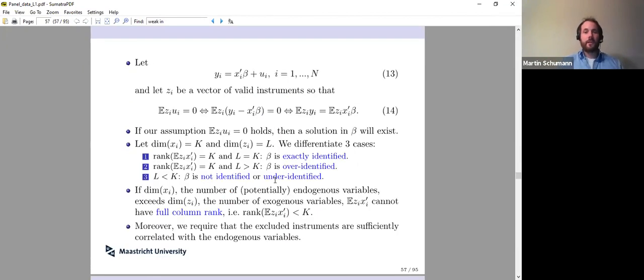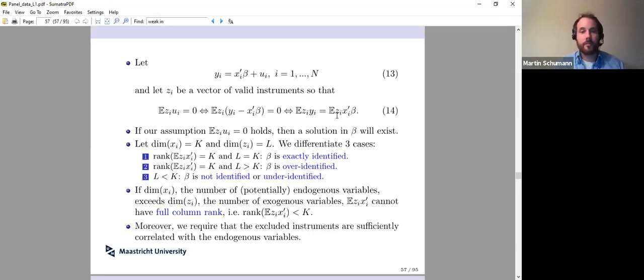Okay, so this is again our cross-sectional model. We skip the t dimension here. And we say that Z is a vector of valid instruments, so that this vector Z is exogenous, or uncorrelated to U, and we can write this simply like that.